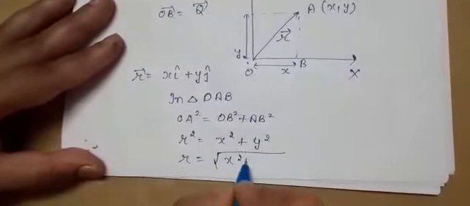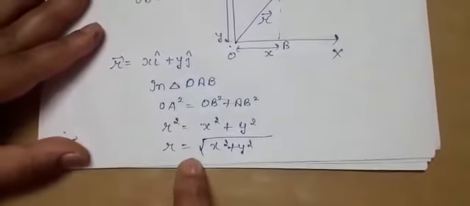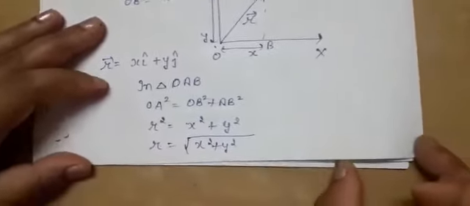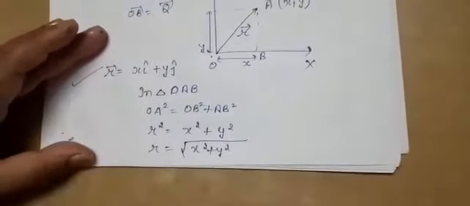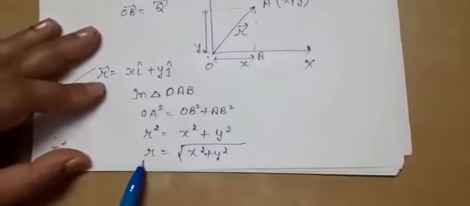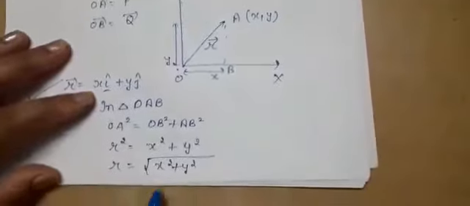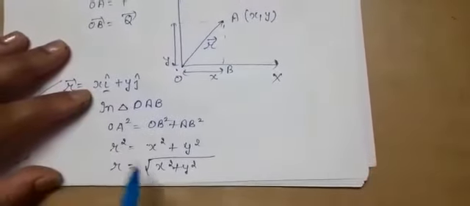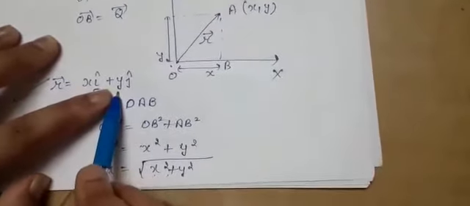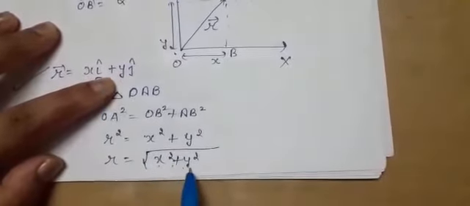So if we have to find the magnitude of position, this is one method we are explaining. In simple terms, when any position vector is given to you and you have to calculate its magnitude, you take the square root of the coefficient of i square, that is x square, plus the coefficient of j square, that is y square.